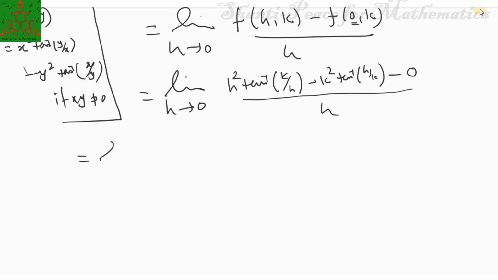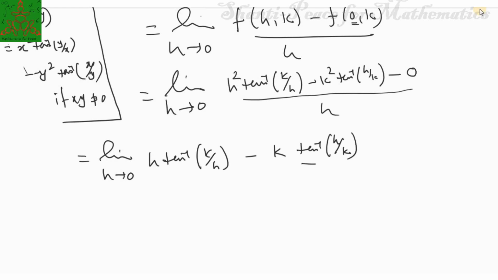This can be rewritten as limit h tends to 0 of h into tan inverse of k by h minus k into tan inverse of h by k, upon h by k. So I have divided h into this term and this term and taken one of the k in the denominator here. That's why we have this.